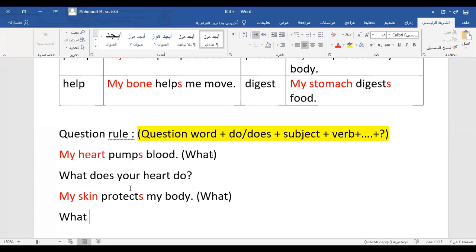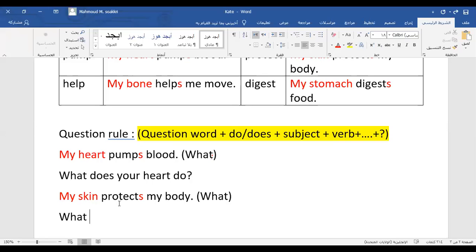Where is the verb? Is it my skin, or protects, or my body? Protects. Does the verb end with s?